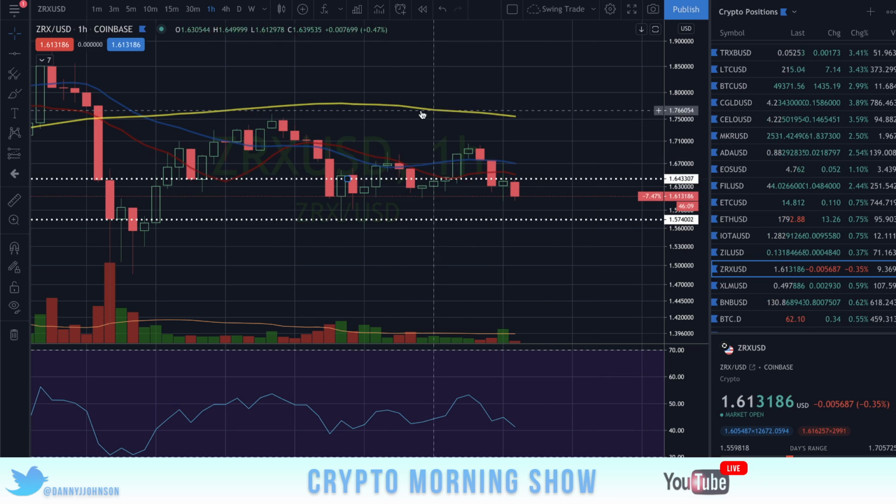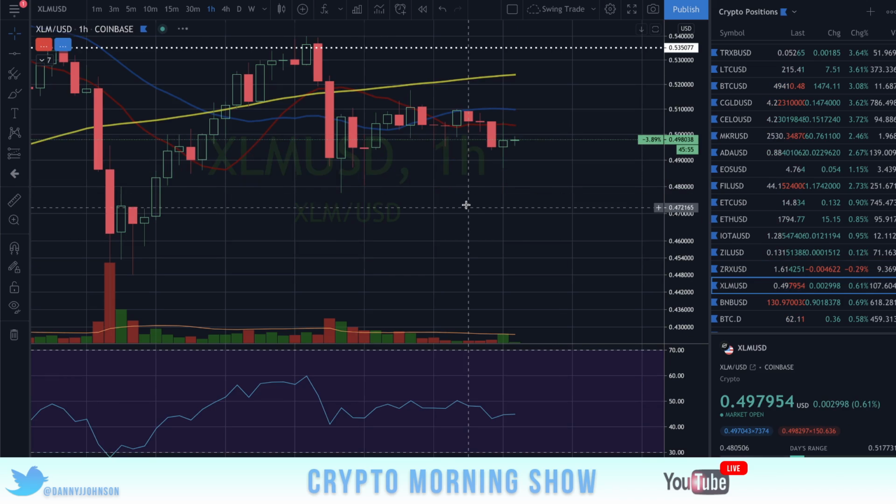So we are inverted. We have the 100-day on top, the 26 in the middle, and the 12-day on the bottom. So there may be some more pain coming with ZRX to the downside.